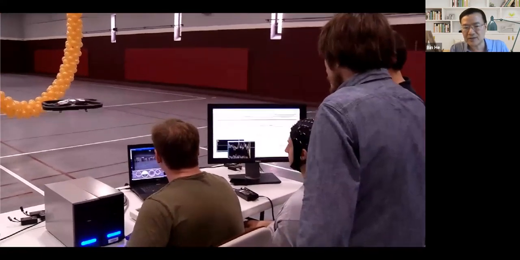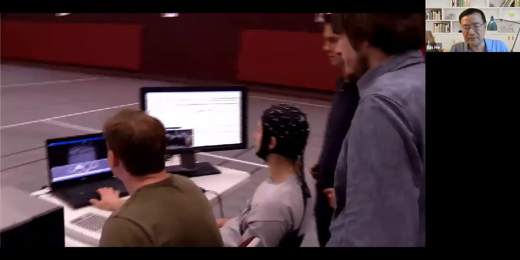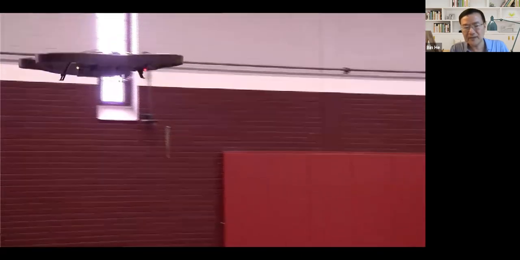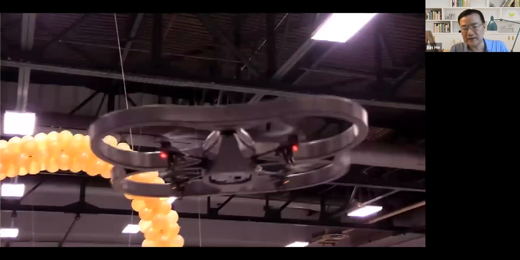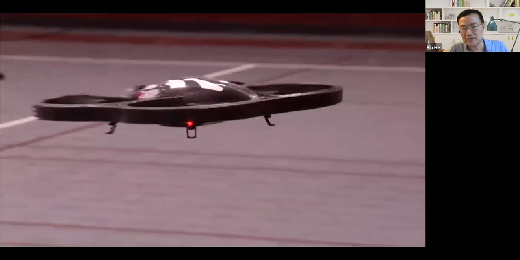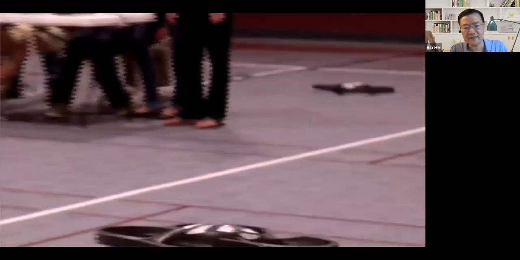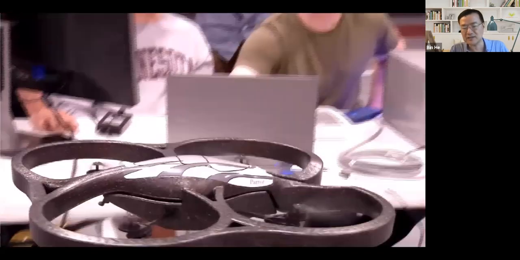By imagining moving the left hand, the right hand, both hands, or none of them, he is generating a control signal to fly this drone. There is a constant forward-going velocity, so if you want to turn to the left, you imagine moving the left hand. If you want to turn right, you imagine moving the right hand.